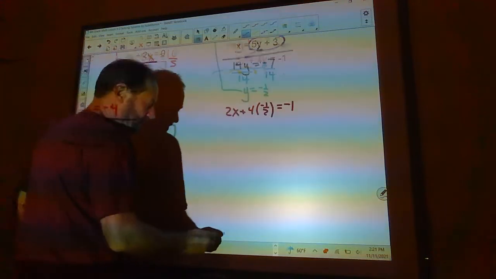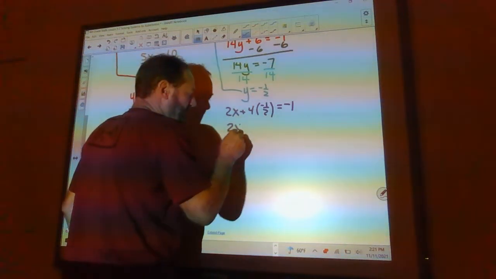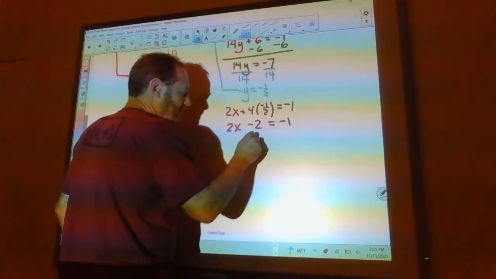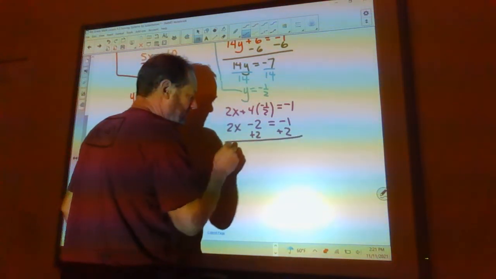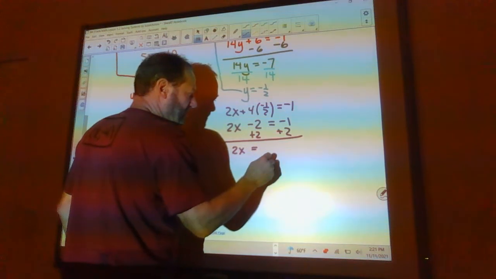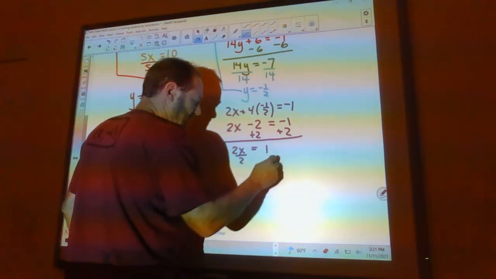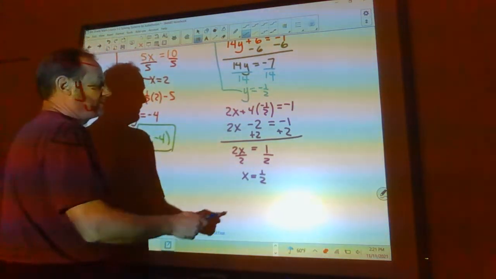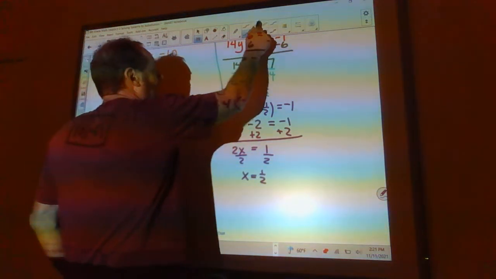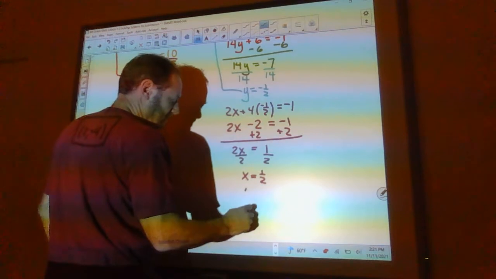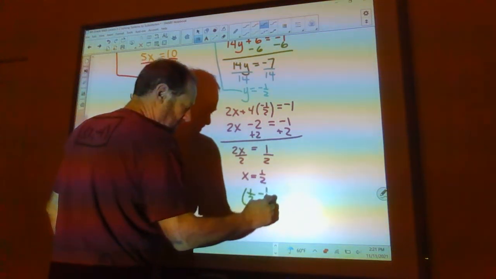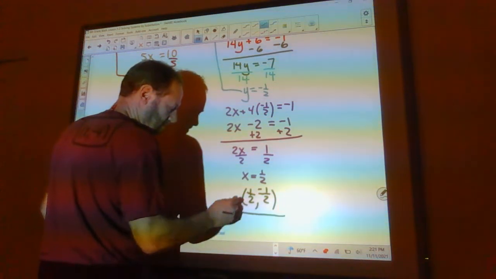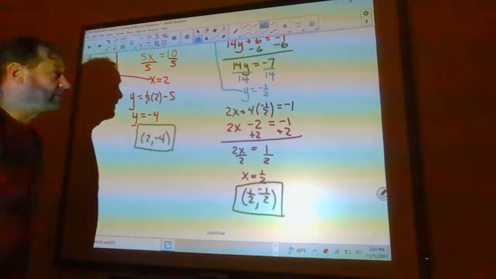Okay, so then this is 2x minus 2 is negative 1. Add 2 to both sides. 2x is 1, and divide by 2, and I get x is 1/2. So my point is going to be (1/2, negative 1/2). That's going to be my answer. And there we go.